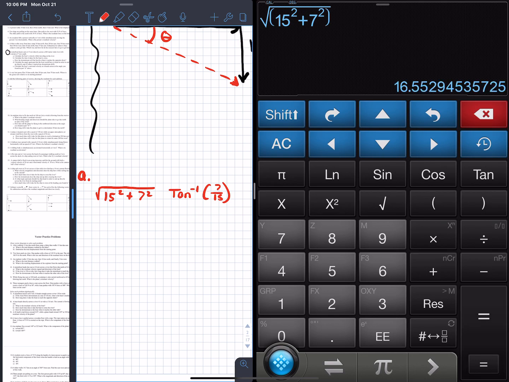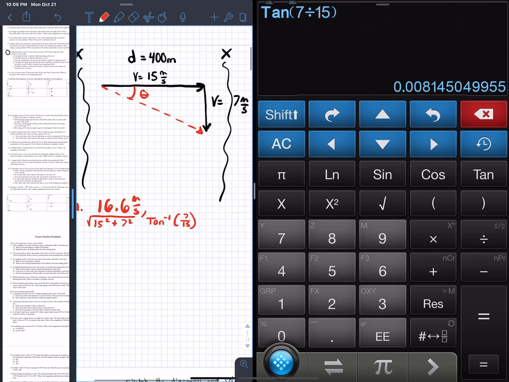The resultant velocity of our boat moving not just across the river, but across and down the river is a speed of 16.6 meters per second. And the angle that it's going to be moving across and down the stream is going to be, oh, here we go.